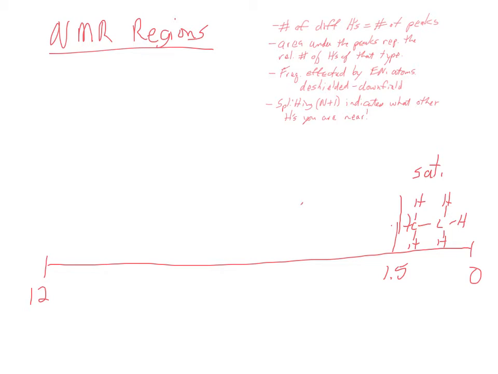The next region over, between 1.5 and 2.5, we would call this the allylic region. So that means things like alpha CHs, things that are alpha to a carbonyl, and of course allylic CHs as well.